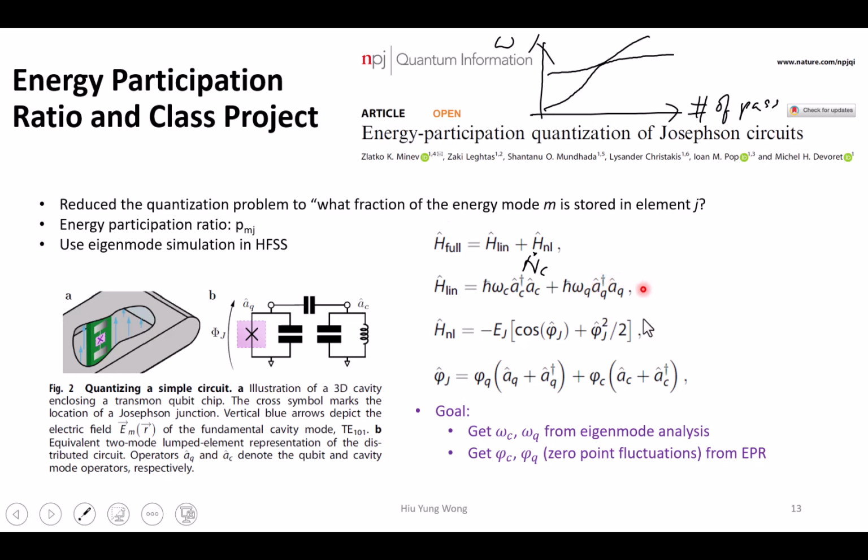So the number of quanta of that energy. So that is the linear part. But then they have a nonlinear term. That is due to the Josephson junction, right? Cosine, E_J times cosine phi.